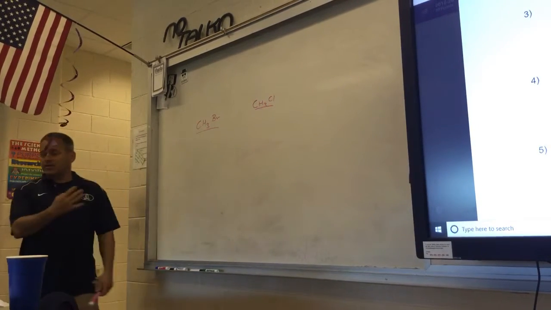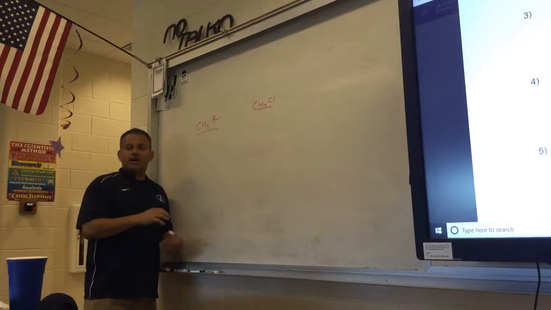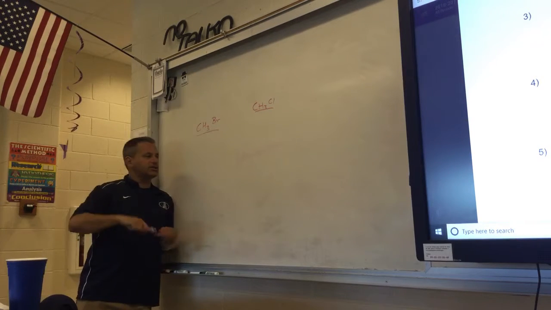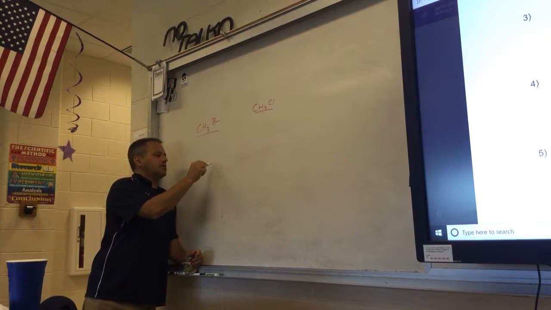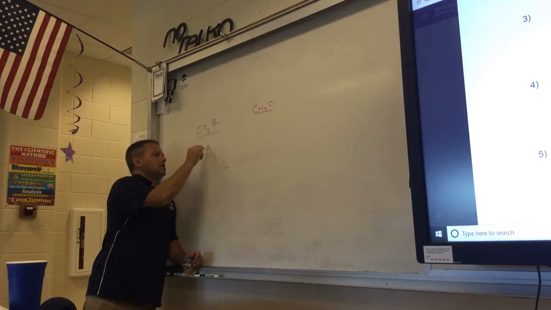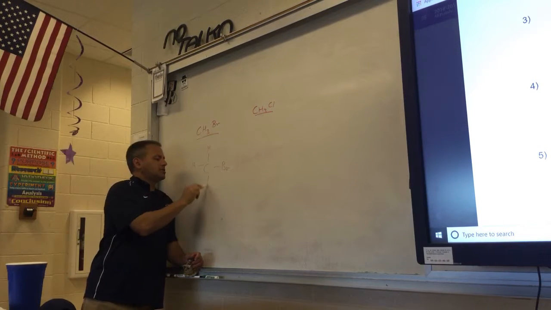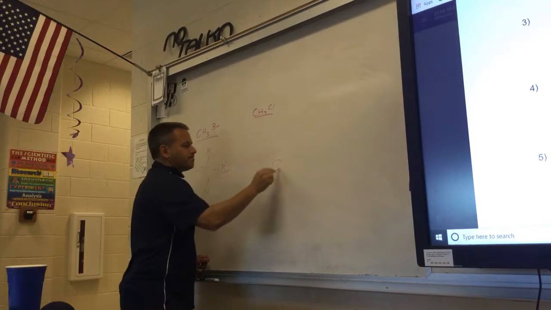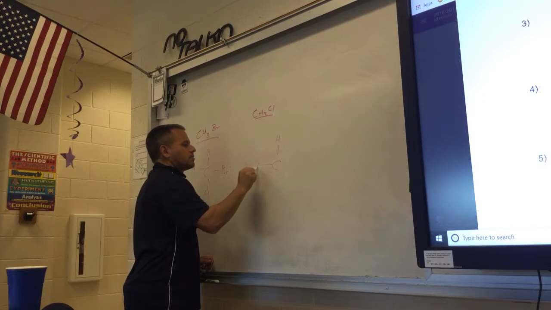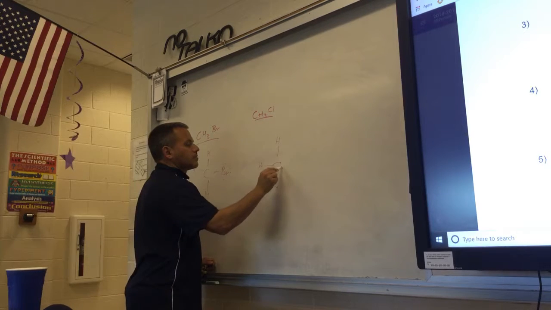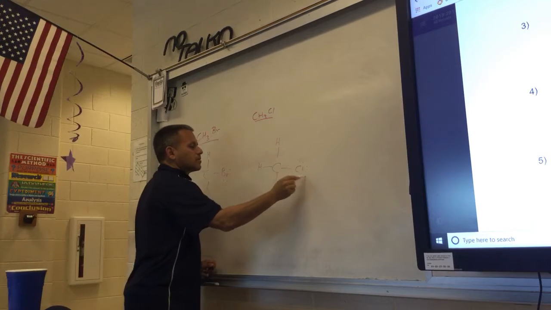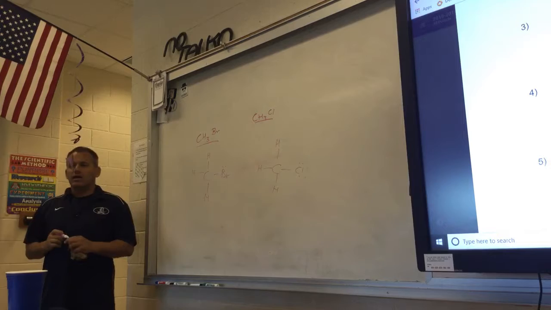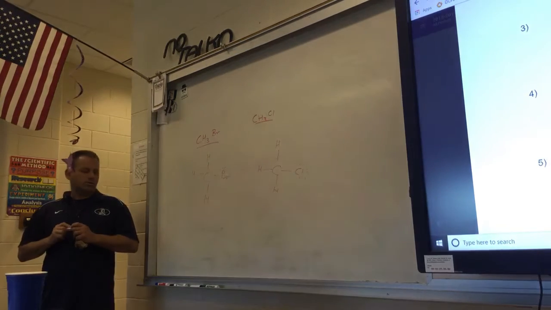That's 4 things, so automatically, tetrahedral. Here's my Br, here's my H's. Same with this one. And then you decide which one's more polar.